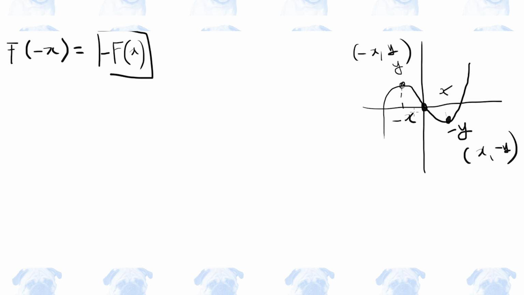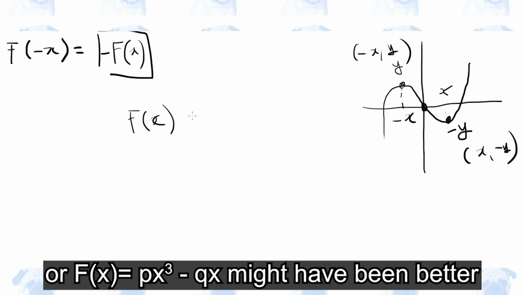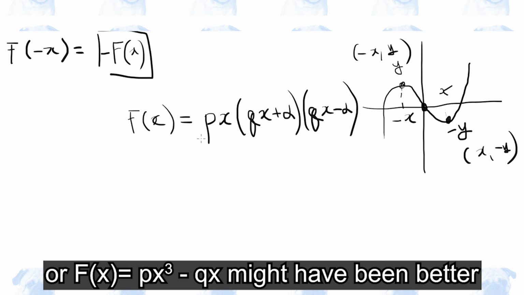Another useful fact is that when the graph of a cubic function is symmetric about the origin, the equation of the cubic function will be something like this. But in this question, we don't need to worry about the coefficients of x cubed, x squared, and x. We can ignore these values and instead consider this much simpler version.